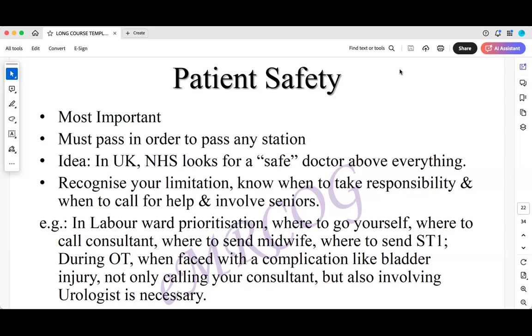So patient safety can be in the cases where you have a structured discussion or a role play station. Can you imagine? It's not only about having a patient, speaking to the patient and confirming the patient information, or covering patient safety.